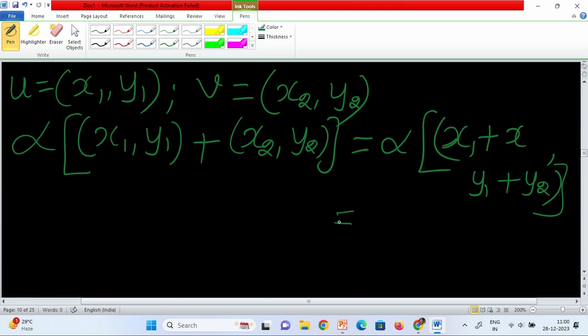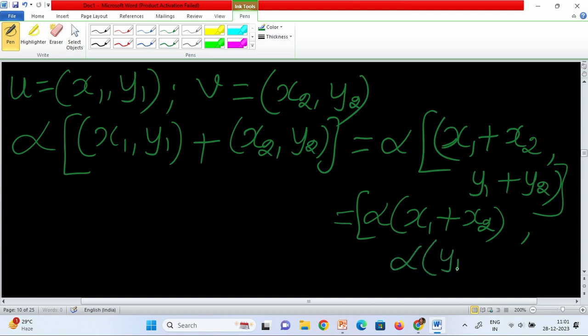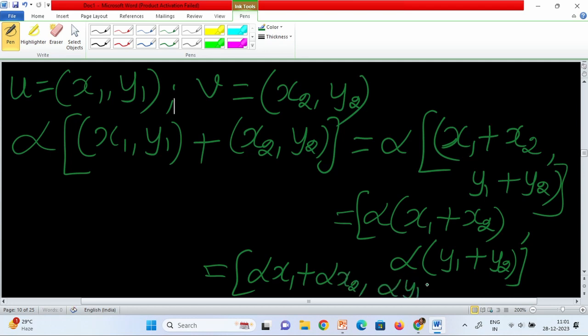So as per the scalar multiplication definition, alpha into (x1 plus x2, y1 plus y2). If you multiply alpha inside, you get (alpha x1 plus alpha x2, alpha y1 plus alpha y2).